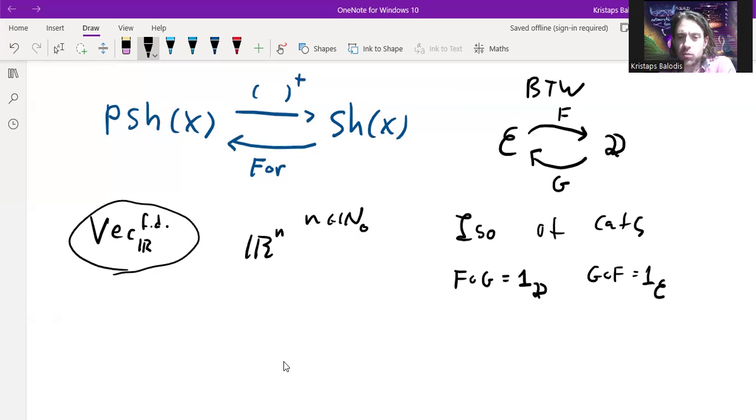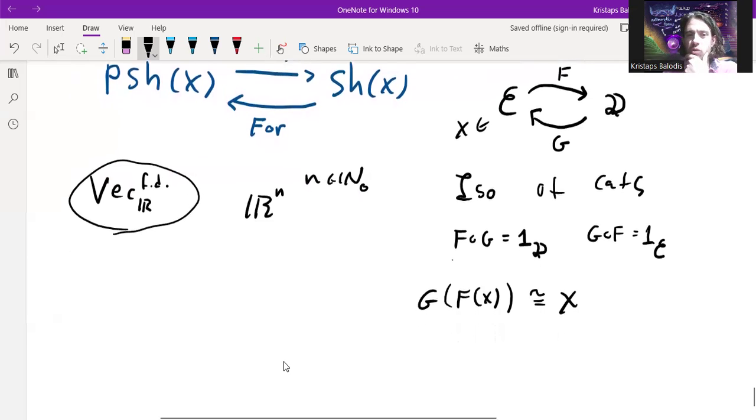So sometimes, if I started with some object in C, and if I applied F to that object, and then I applied G to that, I don't really need it to be exactly equal to X again. It's good enough for it to be isomorphic, right?